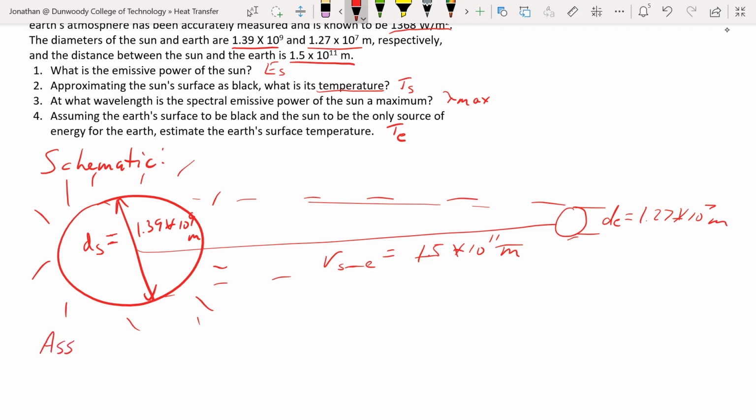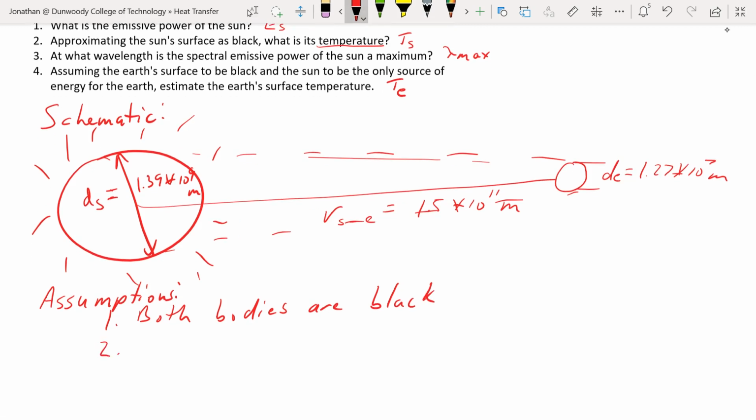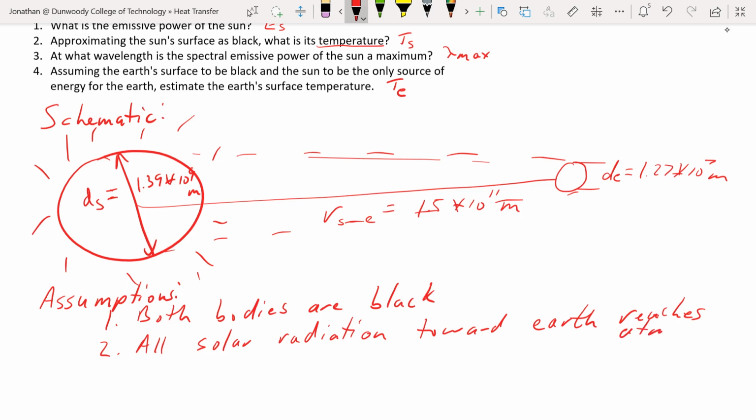So we'll make some assumptions. One, we'll assume both bodies are black. We haven't looked at real emitters or absorbers yet. Second, we'll say that all solar radiation toward Earth reaches the atmosphere.